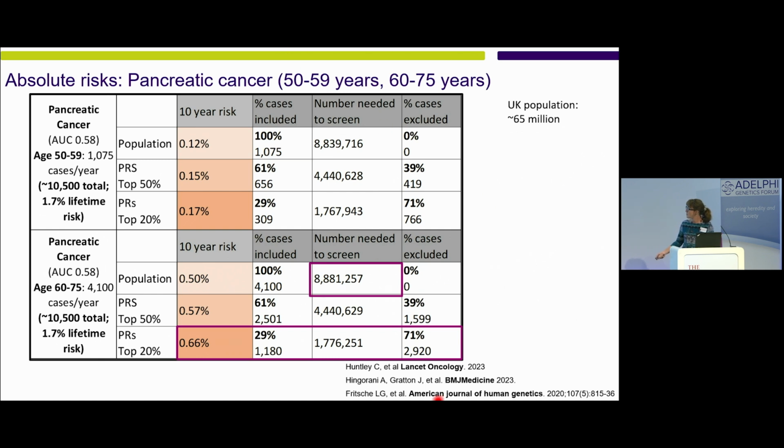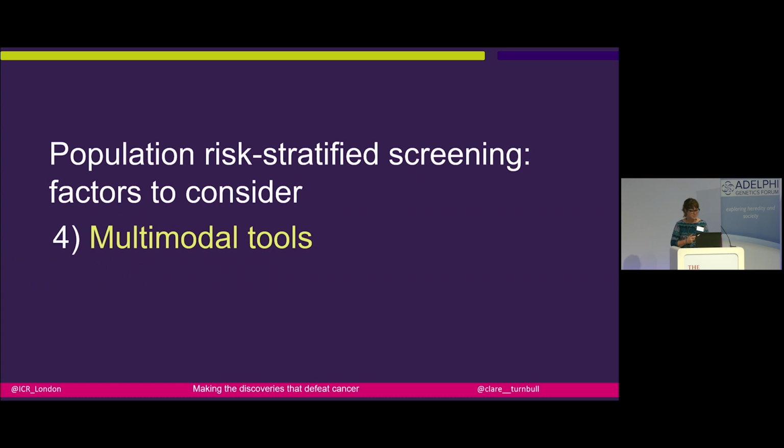If you do it based on polygenic risk score, you're leaving the majority of people unscreened because you've told them they're in the low-risk, non-high-risk group. And again, relatively modest numbers targeted. And this is assuming we had a good screening tool for pancreatic cancer, which we don't. This is the risk stratification. So again, very challenging around those low absolute risks, either in younger ages or for the less common cancers.